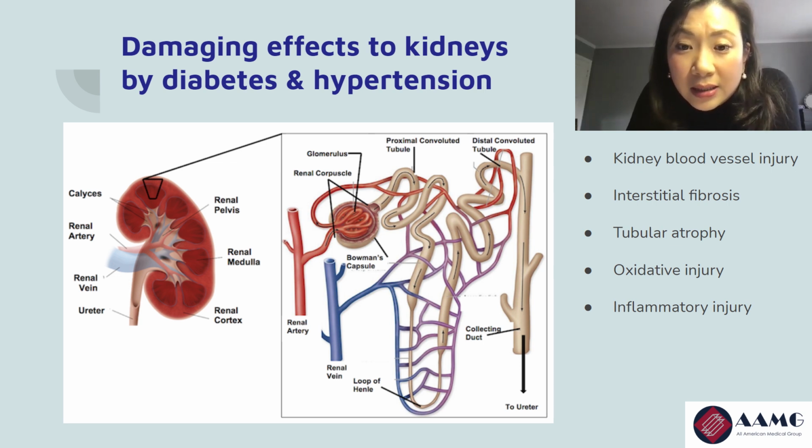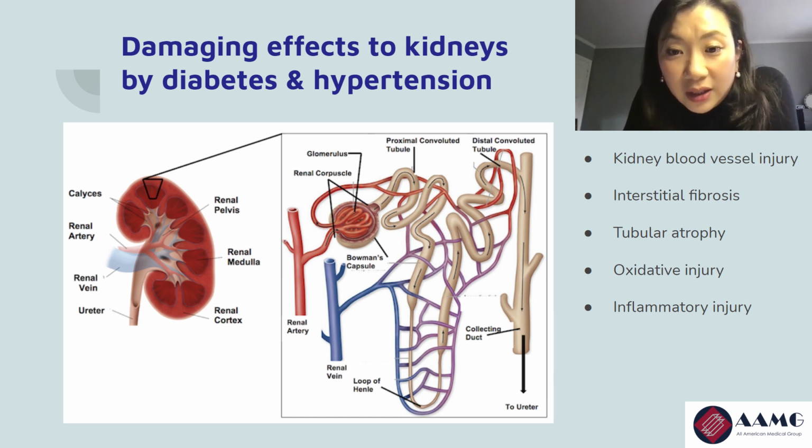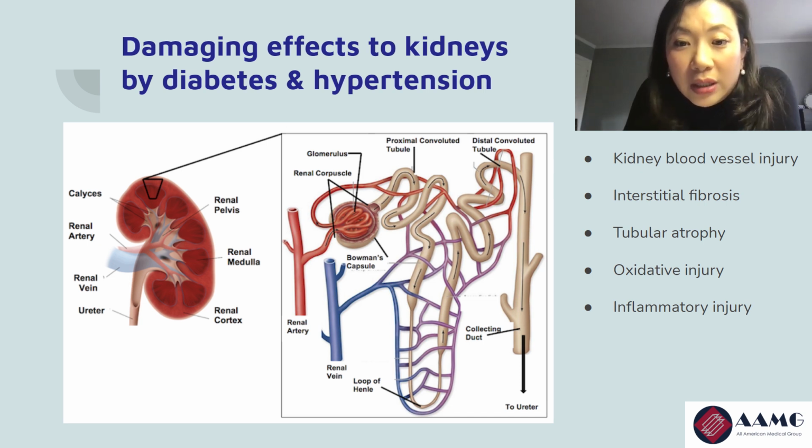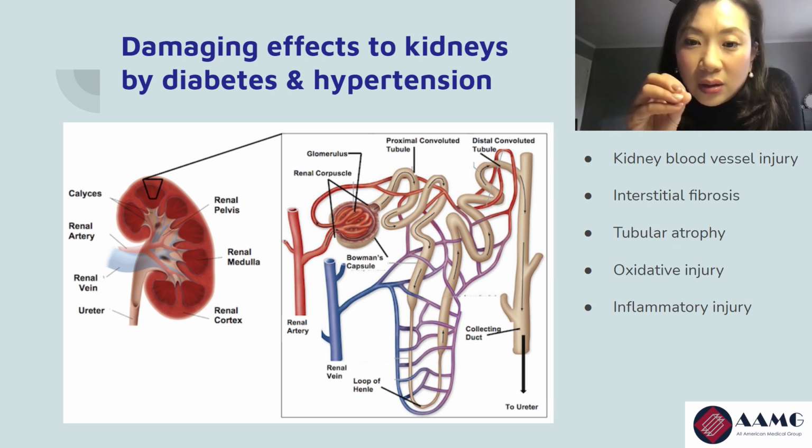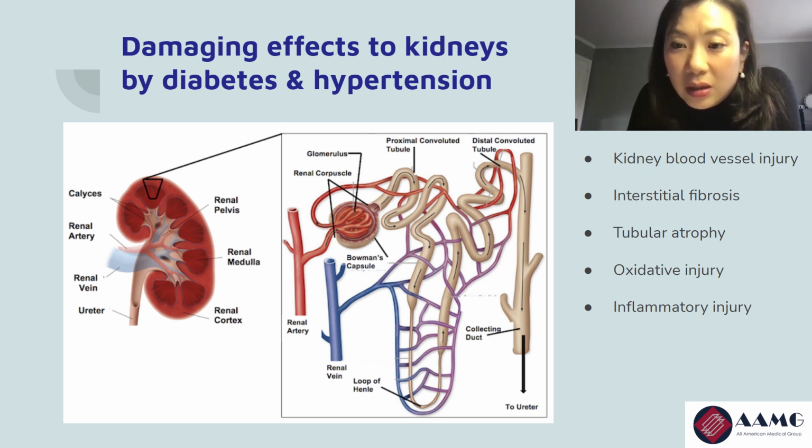In that sense, the toxins will not be able to get out of the system effectively, and also the filter would not be able to retain the material that's useful for our body. There are also other mechanisms that cause damage to the kidneys, including long-term uncontrolled blood sugar, with glucose attaching to the inner liner of the blood vessels and to the tubes here, and causing oxidation as well.